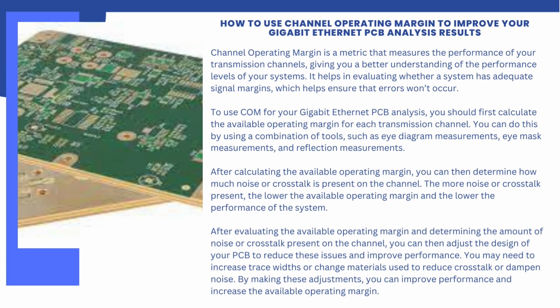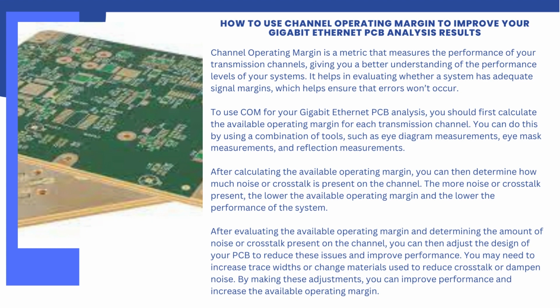To use COM for your Gigabit Ethernet PCB analysis, you should first calculate the available operating margin for each transmission channel. You can do this by using a combination of tools, such as eye diagram measurements, eye mask measurements, and reflection measurements. After calculating the available operating margin, you can then determine how much noise or crosstalk is present on the channel.